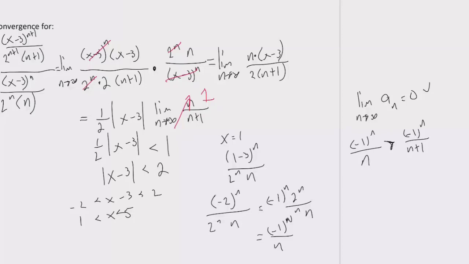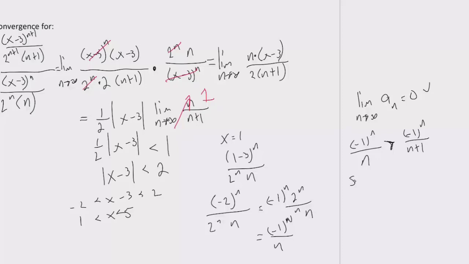And that alternating part is not really what we're focused in on. It's more that denominator. As you go to the next term, the denominator gets larger, which means your fraction is getting smaller. So your sequence is in fact decreasing.